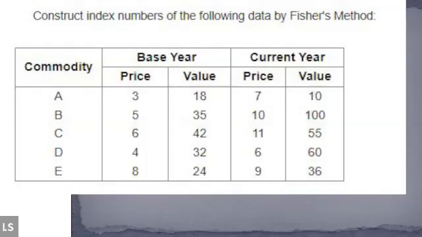Keep in mind that while calculating the index number by Fisher's ideal method, you will require Q1 and Q0. But as you can see in this question, you are not provided with any information regarding Q1 and Q0, right? So how will you find that?